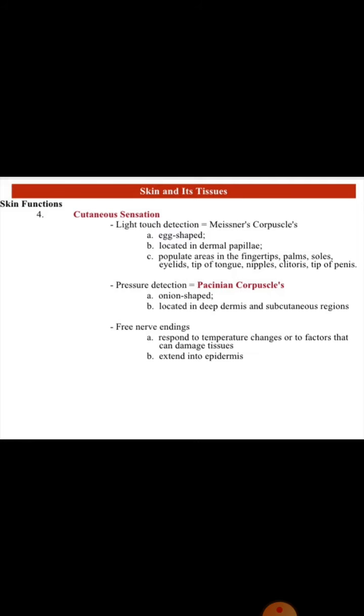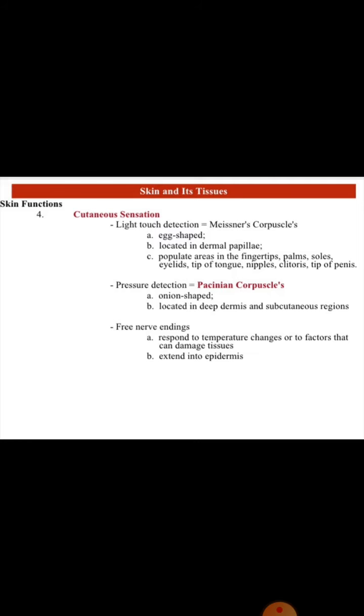Then cutaneous sensation. Different types of nerve cells are present within the skin, like light touch detection. Then Meissner's corpuscles. These are egg shaped, located in dermal papillae, populating areas in the fingertips, palms, soles, eyelids, tip of tongue, nipples, scrotum, tip of penis.